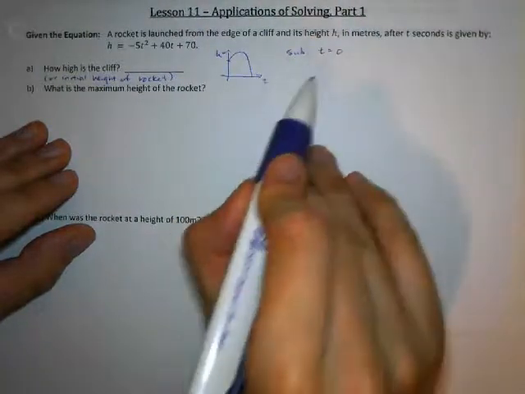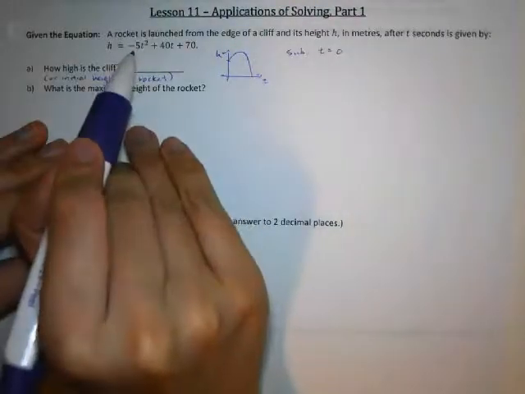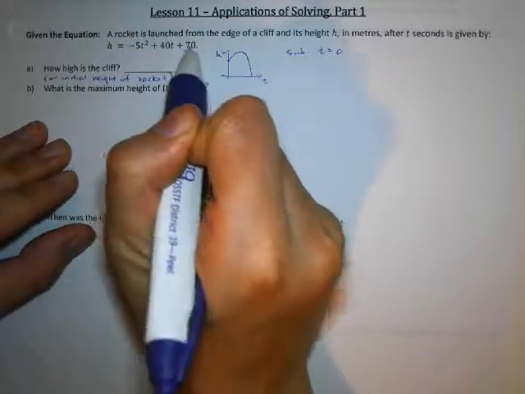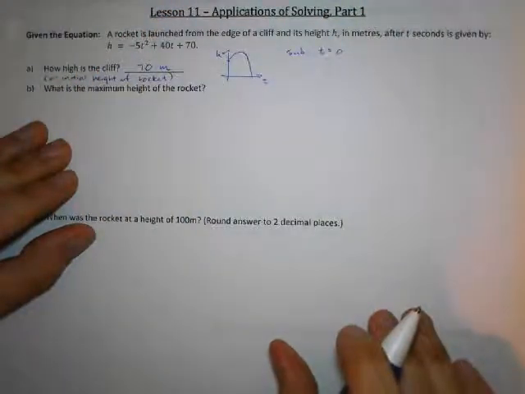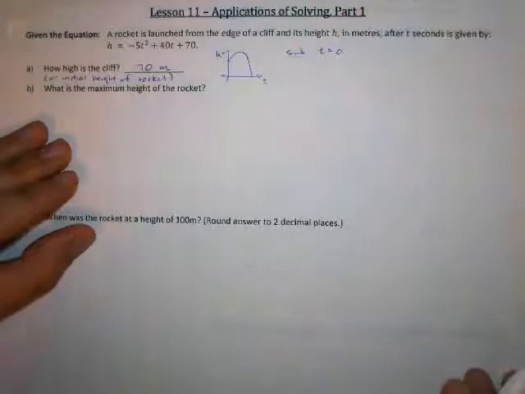Now I didn't leave much space for us to show the work here because if we sub 0 into the t, we know that we're just going to end up with 70 meters. Okay, so that is the initial height of the rocket and the height of the cliff.